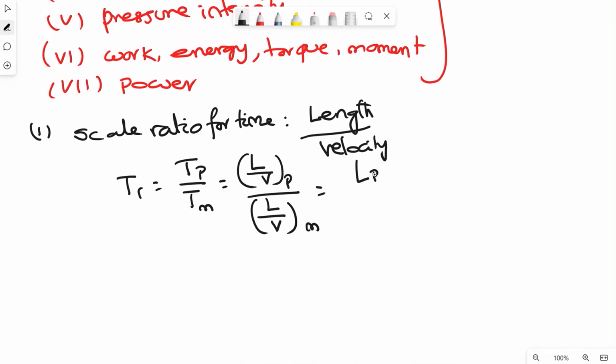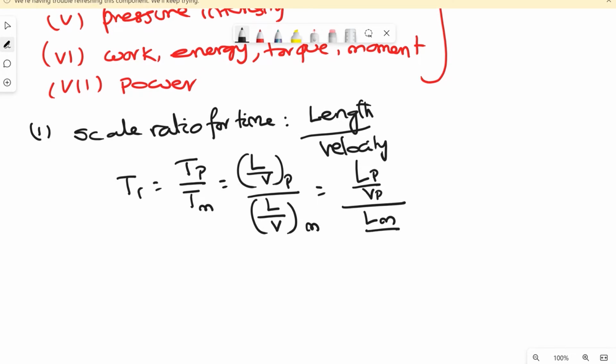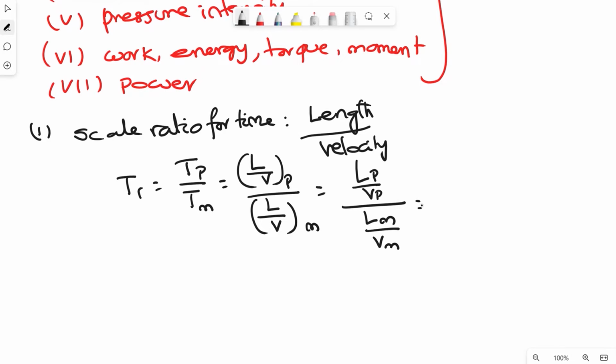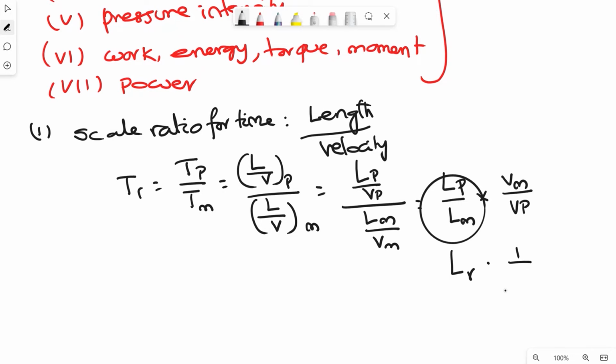So it is LP by VP divided by LM by VM, which is LP by LM into VM by VP. LP by LM I can write as LR, and VP by VM is equal to 1 by root LR.